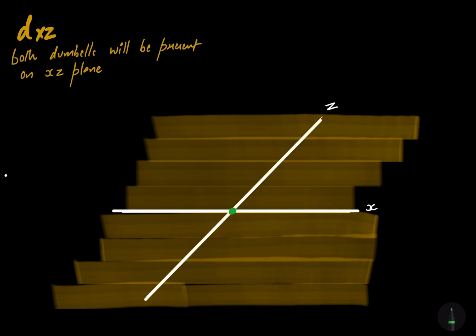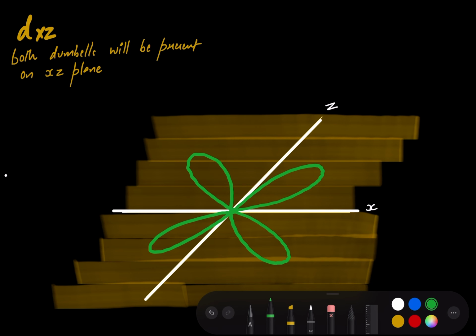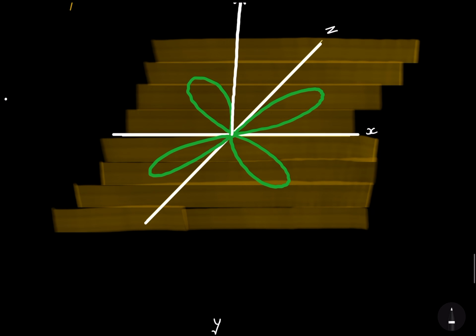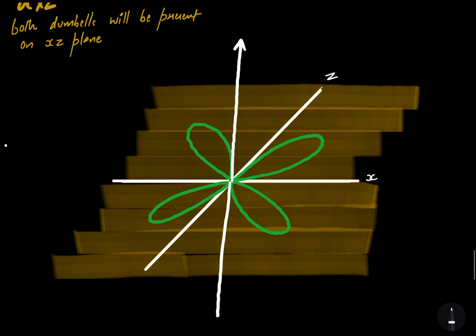Now that's the first dumbbell between the x and the z axis, and this is the another dumbbell between again the x and the z axis. Now let me draw the y-axis. So hopefully you got this thing in 3 dimensions.